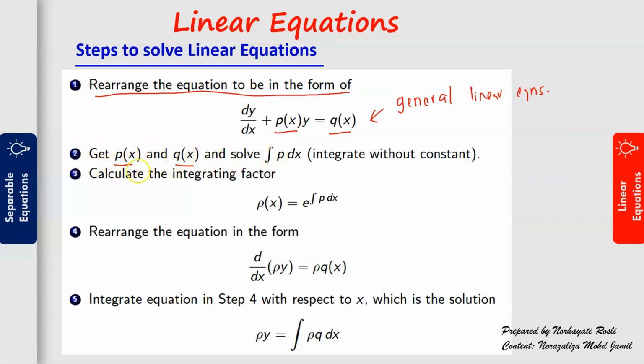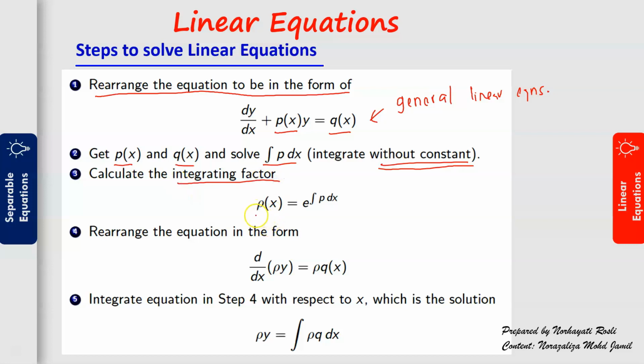And then when you have P(x), you can solve for the integration of P dx. That is, you need to integrate P without a constant. Remember here, without a constant. Once you integrate P dx, step number 3, you need to calculate the integrating factor.